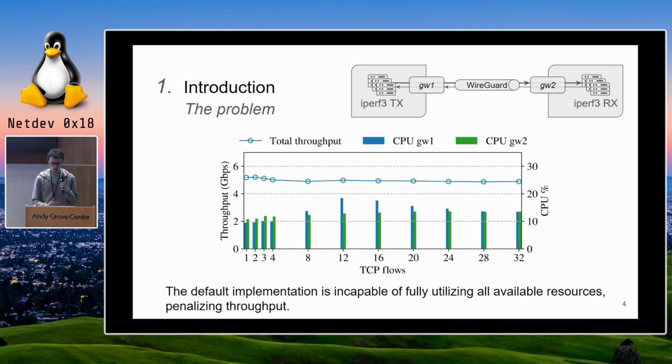As you can see, the performance in terms of total throughput doesn't really seem to depend at all on the number of flows that have been routed within this single tunnel, which is probably expected. And it's sitting in this particular configuration at about 5 gigabit per second.